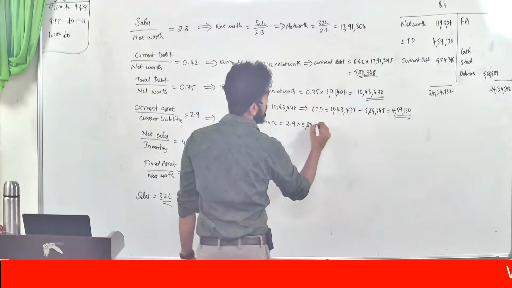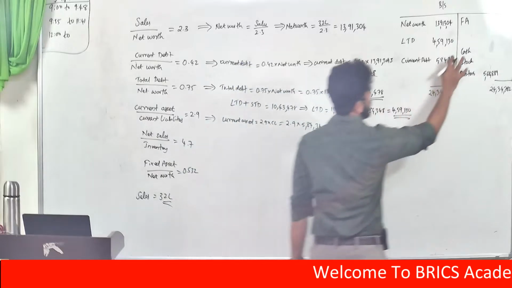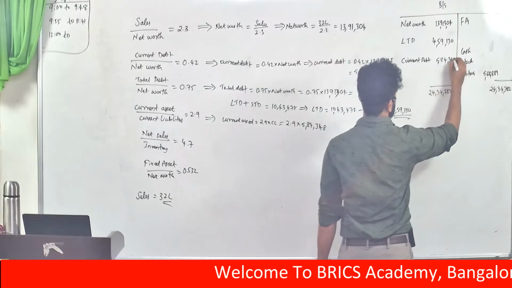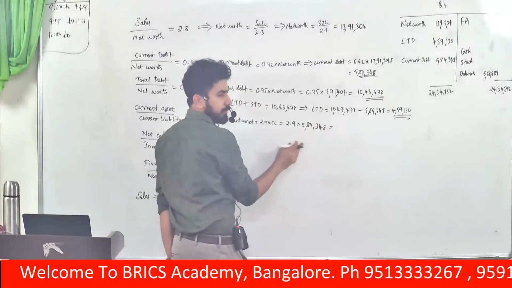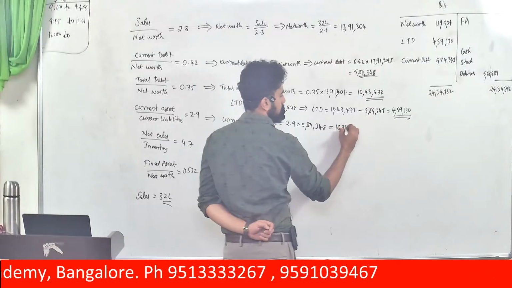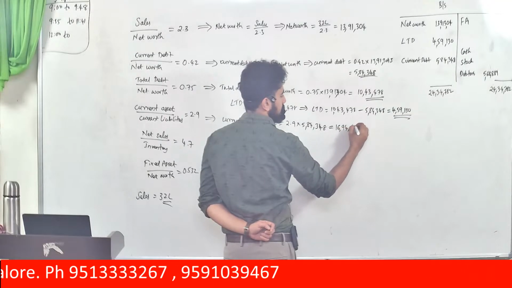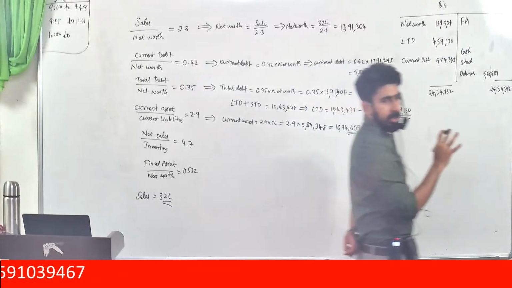2.9 into what is current liability? 5,84,348. Tell me how much is current assets? 2.9 into that number. 16,94,609. This is okay. Now, can I fill this somewhere?